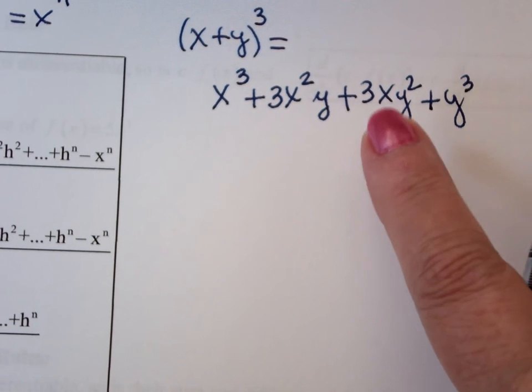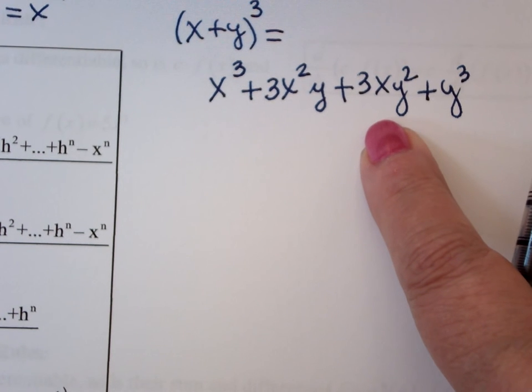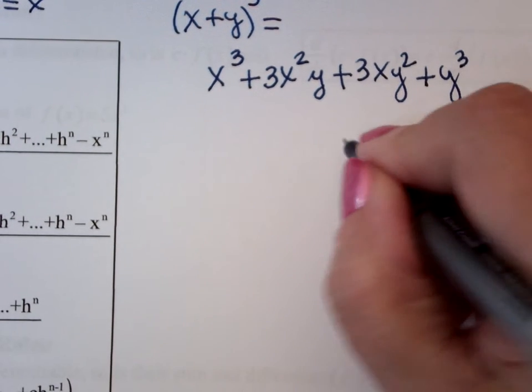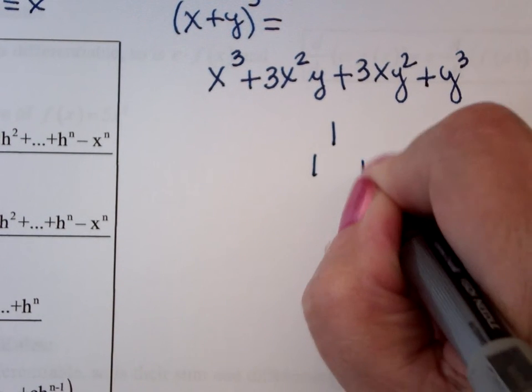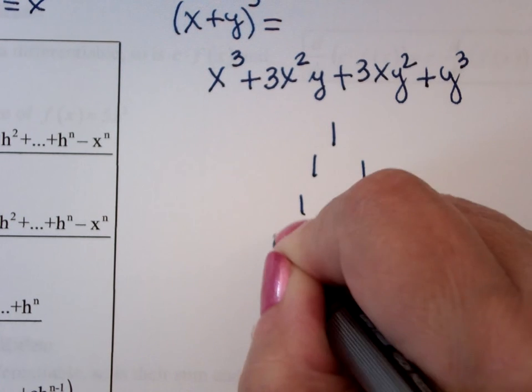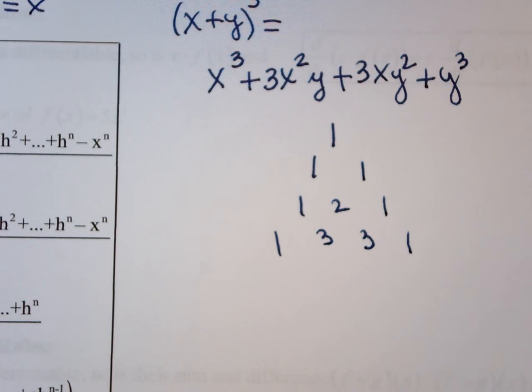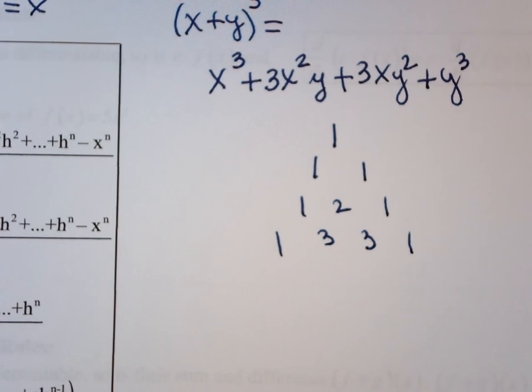Some of you might be a little more familiar with Pascal's triangle. Pascal's triangle gives you the binomial coefficients. That's how I got this: 1, 1, 1, 1, 2, 1, 1, 3, 3, 1. There's your cube right there, and that's the binomial coefficient in front of that cube.